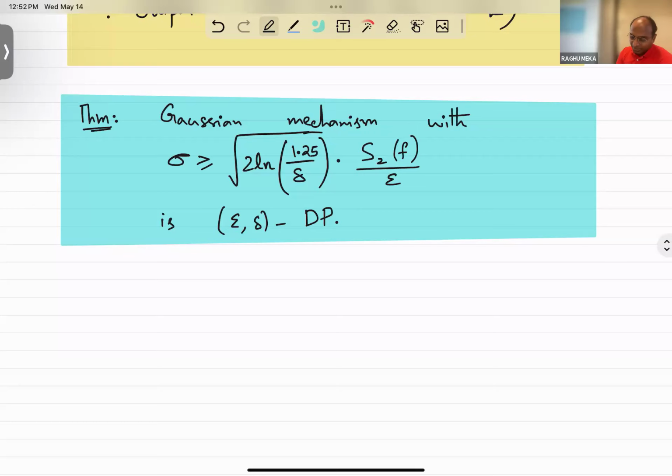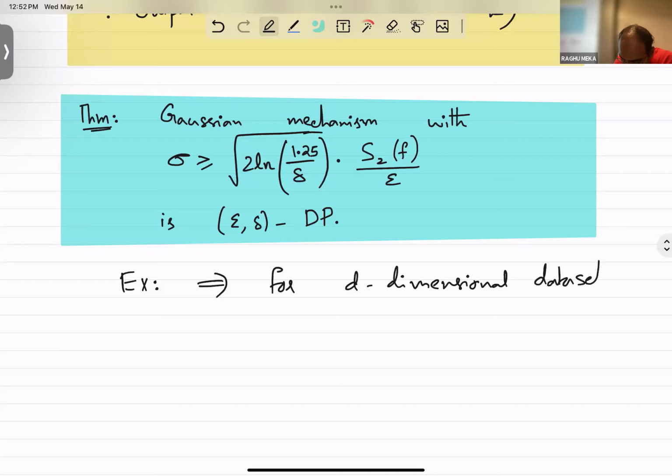All right. So for example, this implies for d-dimensional data sets, the Laplacian needs noise which is roughly d over n epsilon.